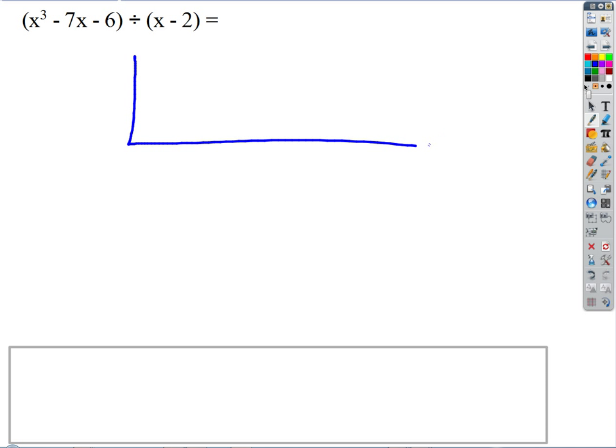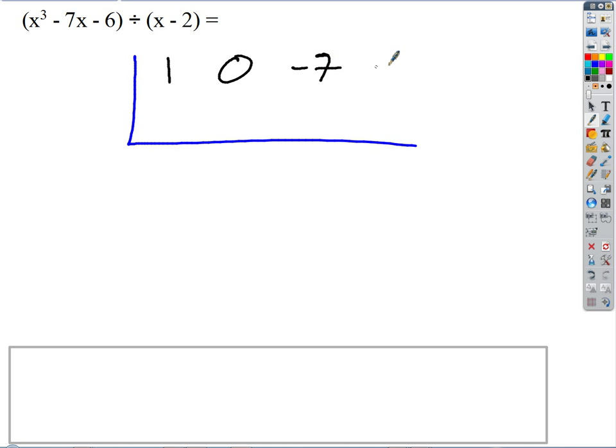Okay, now what numbers go in here? I've got to put the coefficients. 1 is the first coefficient of x cubed. Then 0, good. Got to have a 0 because I'm missing the x squared term, so there's a 0 coefficient for x squared.